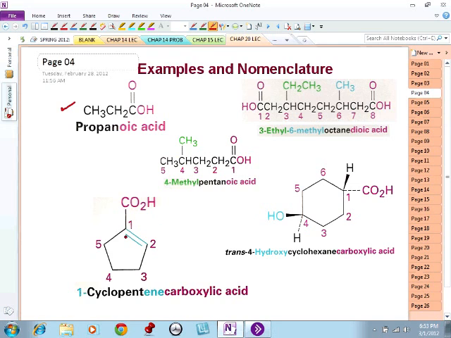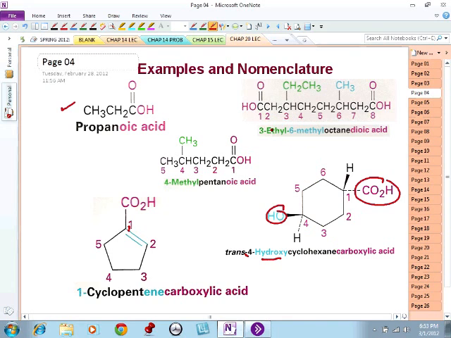Here, because you now have the carboxyl group attached to the ring system, which is cyclopentene, you name the ring system and then you add the words carboxylic acid. The same thing here, there is stereochemistry. Trans-4-hydroxy, because this hydroxy group is trans to this carboxyl group. Trans-4-hydroxycyclohexane gives the complete name of the ring system, carboxylic acid.